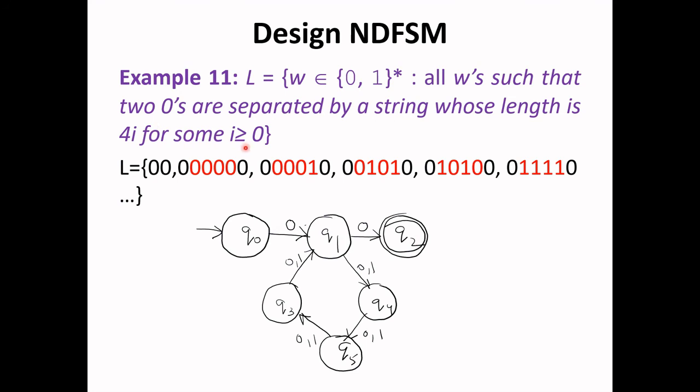If i equals 2, then 4 times 2 is 8: 0, a string of length 8, 1, 2, 3, 4, 5, 6, 7, 8, then ending with a 0. So this is the NDFSM for the given language.